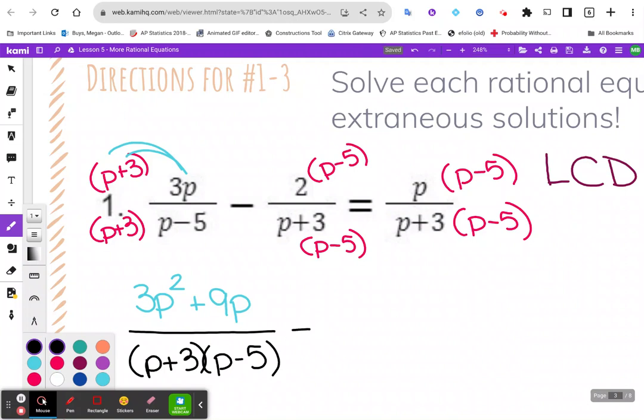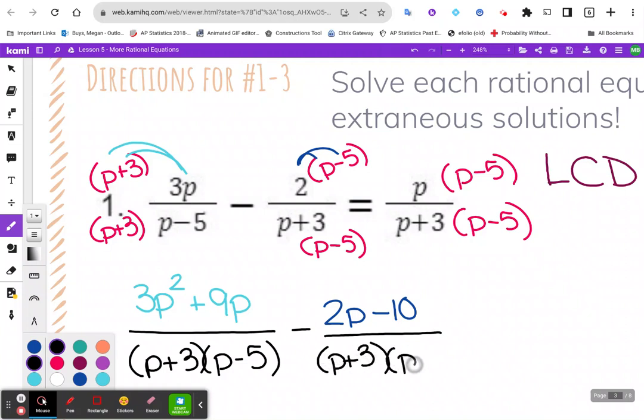We're going to subtract. In this case, we have in the next term 2p, and we have minus 10 as that numerator in this case. Still with my p plus 3 and p minus 5 as my denominator.